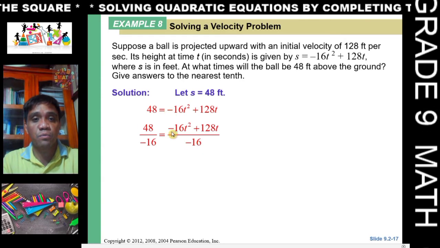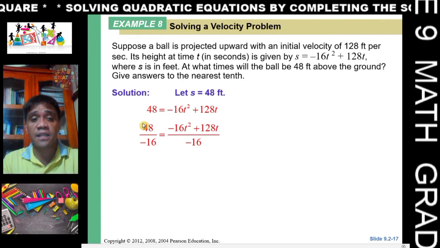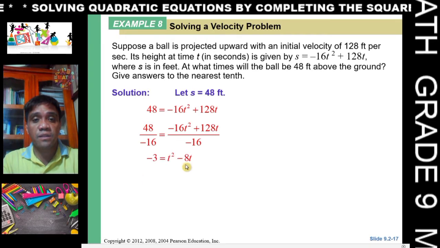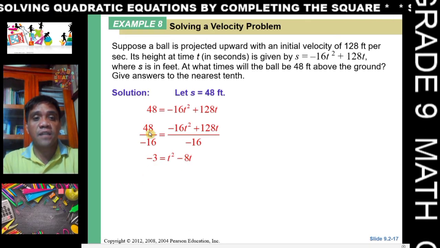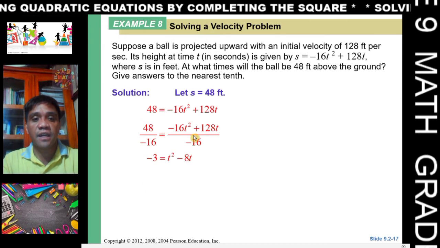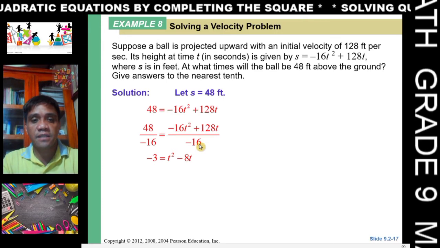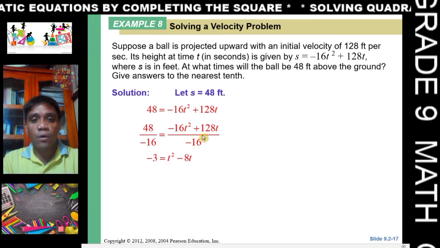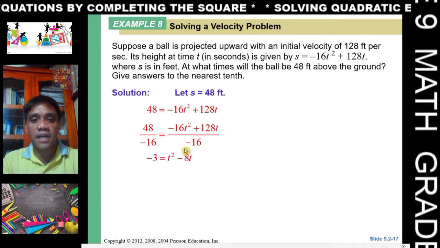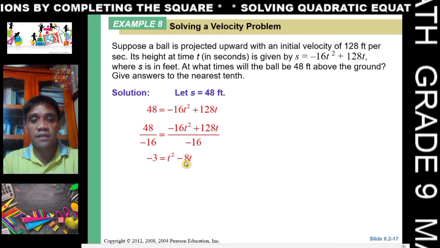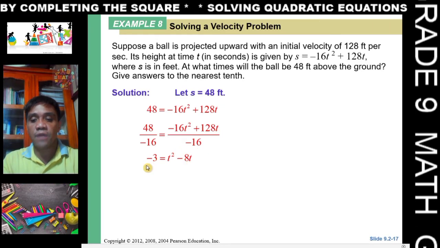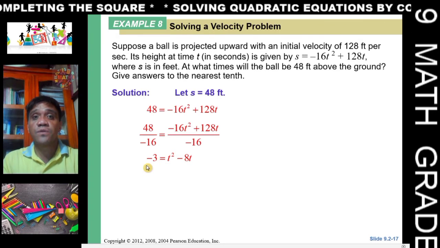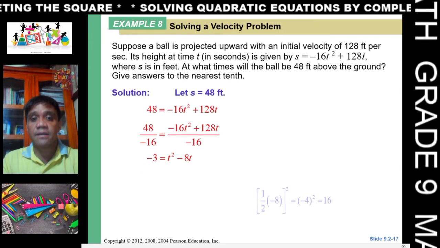Then we simplify. 48 divided by negative 16 is negative 3. Negative 16t squared divided by negative 16 is t squared. 128 divided by negative 16 is negative 8. Then copy the t. So we have negative 3 is equal to t squared minus 8t.